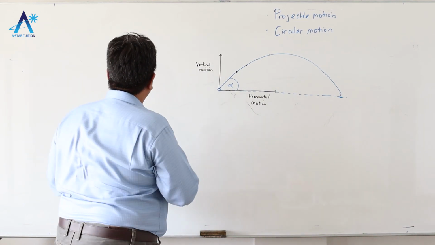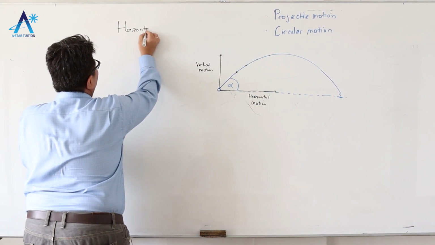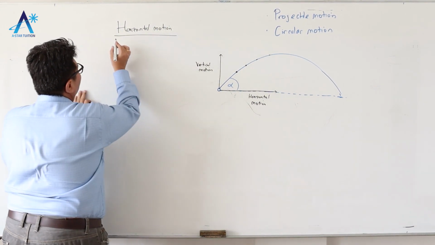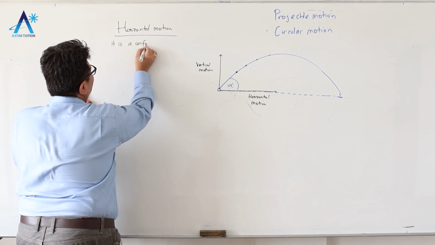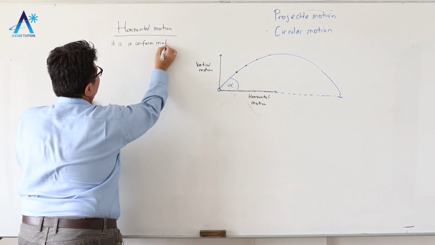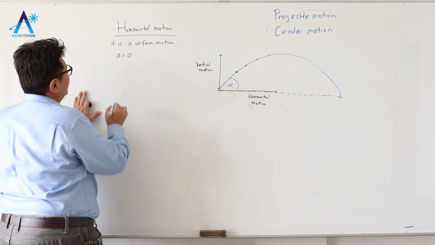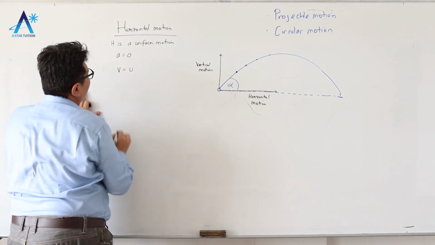So let me write down the fact about the horizontal motion, which is that it is a uniform motion. In other words, the acceleration is 0, and the final velocity is equal to the initial velocity.